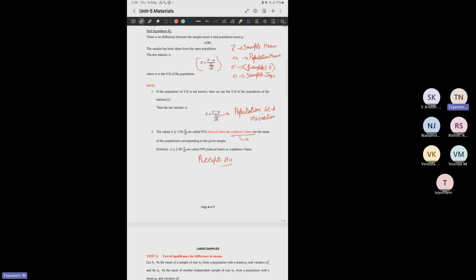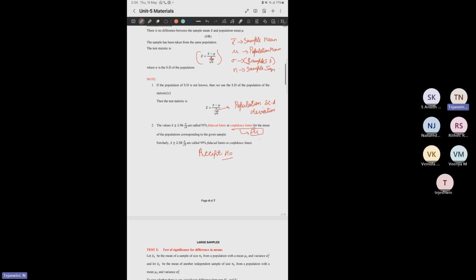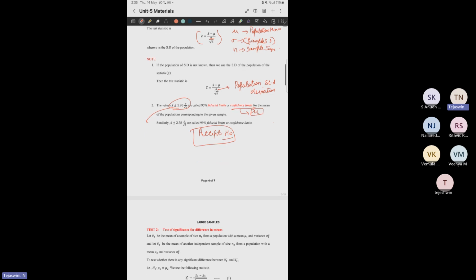So confidence limits tell us the boundary, the limits for mu. That is, if mu lies between the values we are going to compute, then we can still accept H naught.